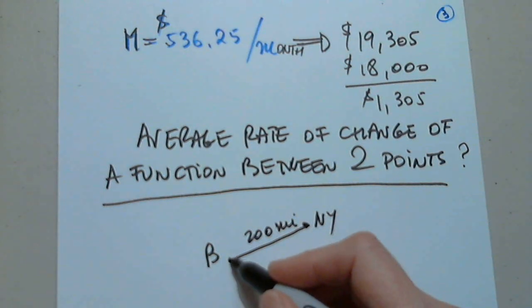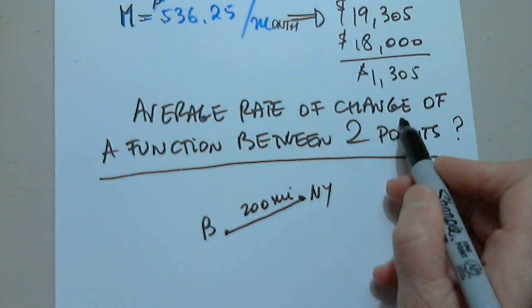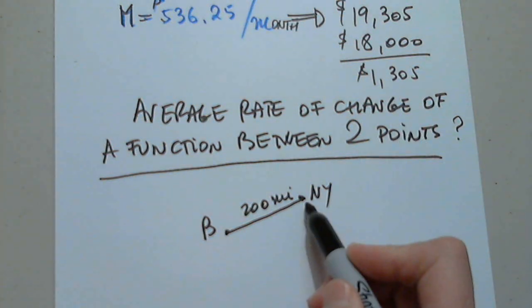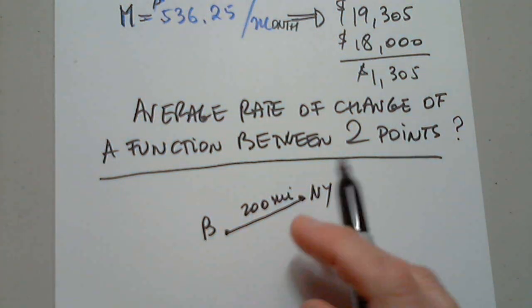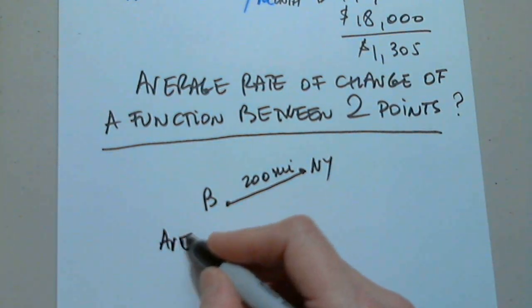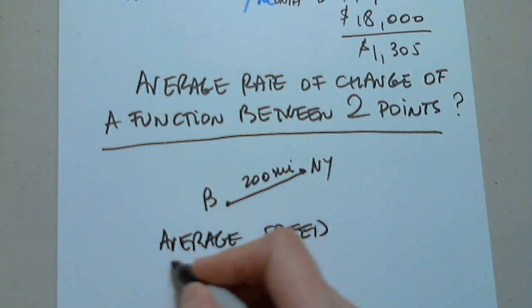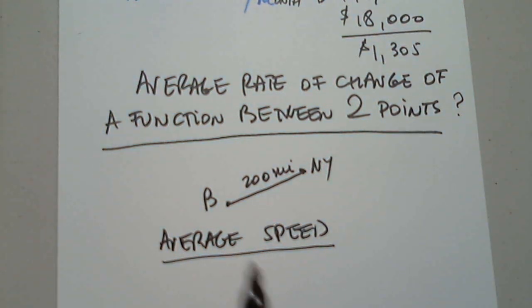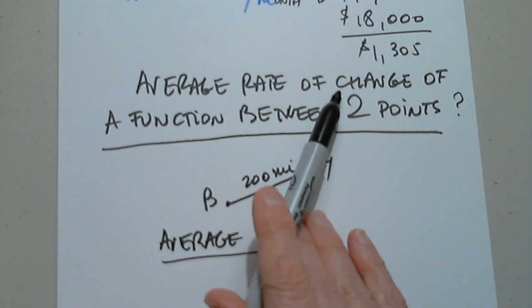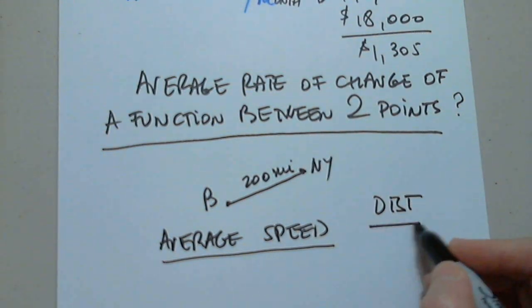And you ask me, what was your average rate of change of distance with respect to time? You're basically asking me the average speed.